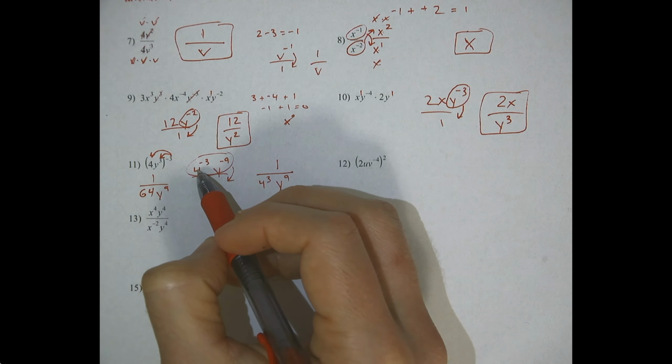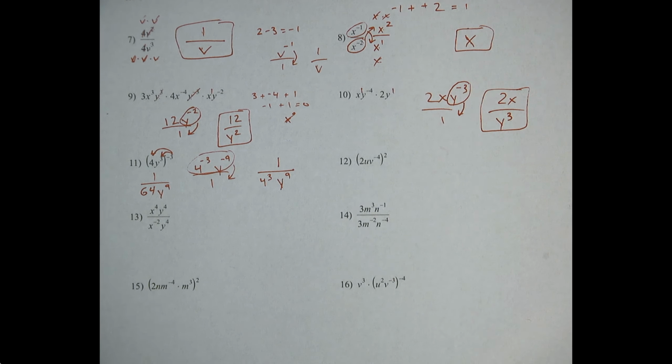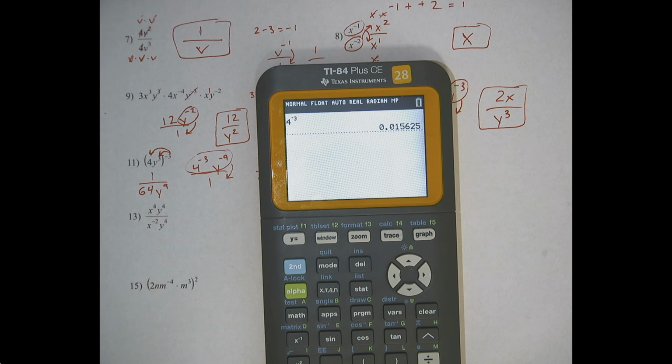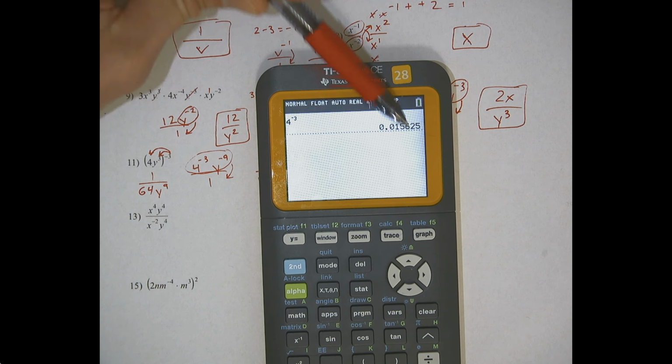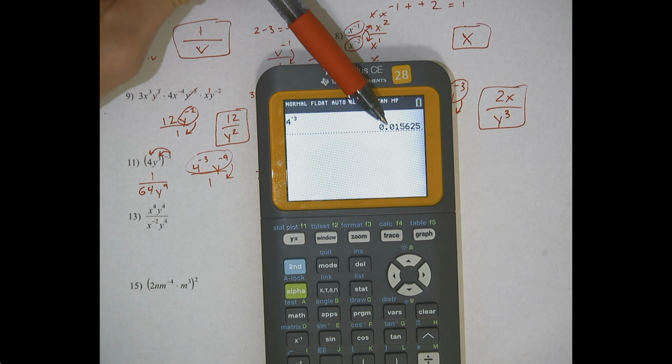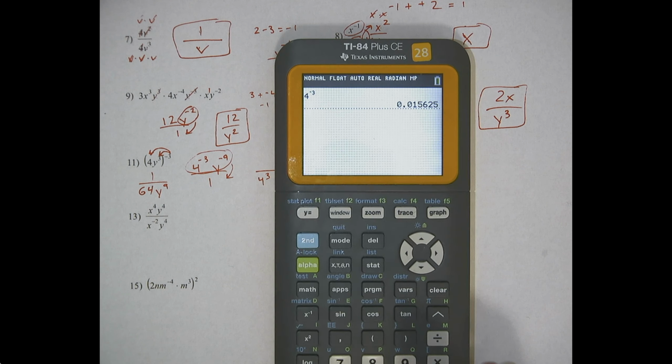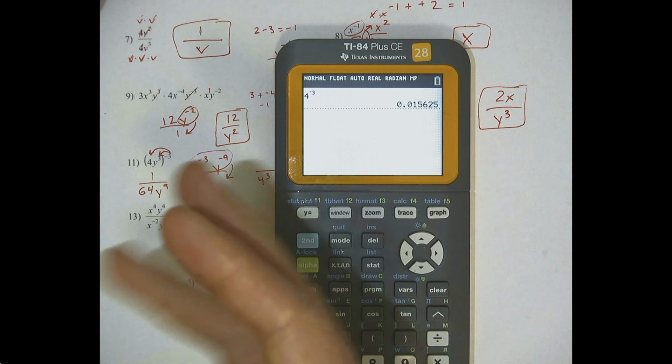If you try and expand it with the negative exponent, you're going to get some weird decimals most of the time. I'll show you what I mean. So let's say you try to do 4 raised to the negative third. You get this nasty decimal. Please don't give this decimal to me in the answer. It's not useful to me. I need 1 over 64. Now they're equivalent. This is not an incorrect form of this.